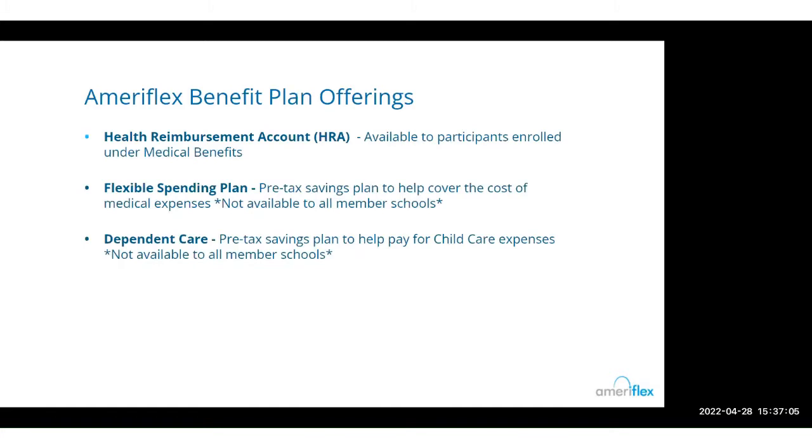It's labeled as an HRA on your portal. This account is available to all participants enrolled under the medical benefit plan. This plan covers medical expenses for the same items that are covered under the 213D classification under flexible spending plans.